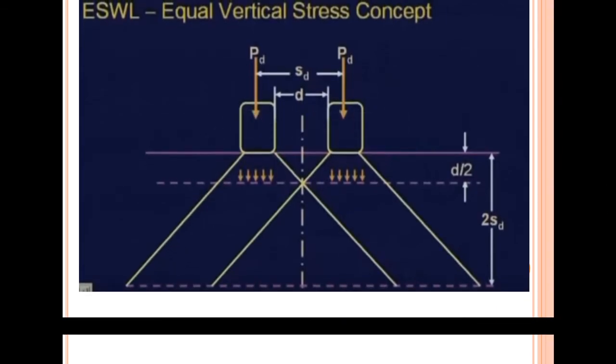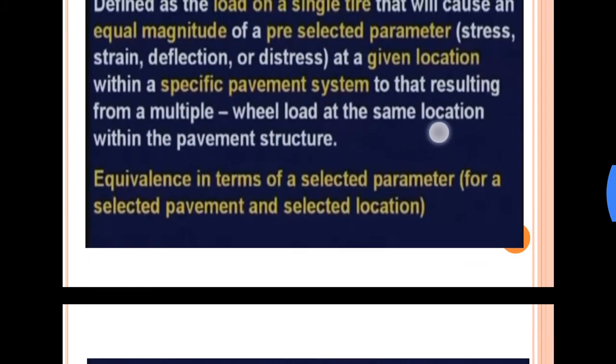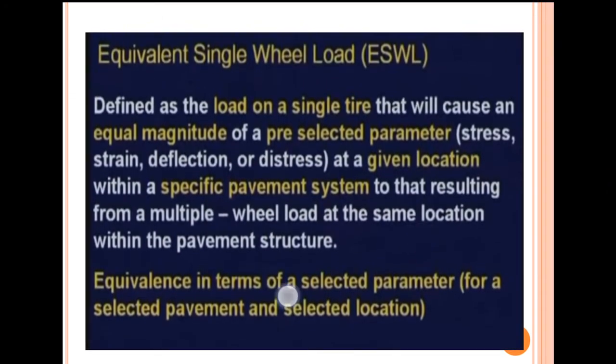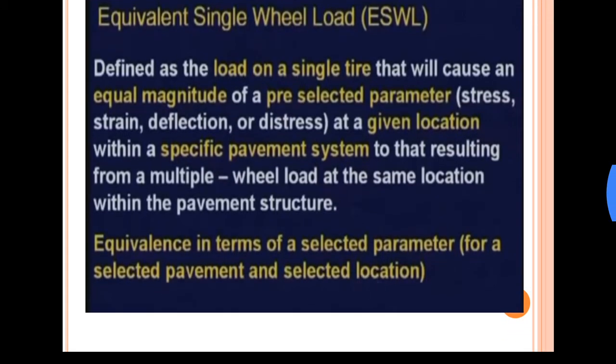So an equivalent single wheel would transfer the same load which is in a combination of these wheels. So equivalence in terms of a selected parameter for a selected pavement and selected location.